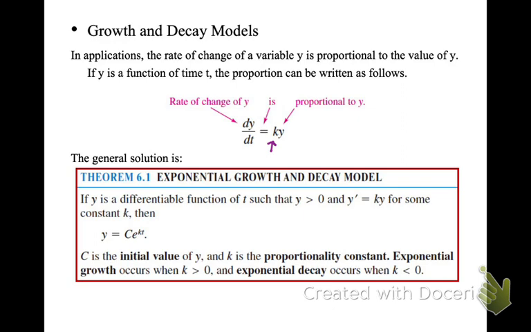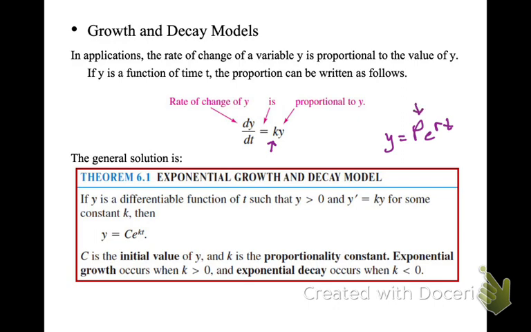So your exponential growth model is y equals c e to the kt. Does that seem familiar from last year? It was PERT, wasn't it? Principal. Yeah, except now it's just c and k. So we had y equals p e to the rt last year, where p was the initial amount, right?